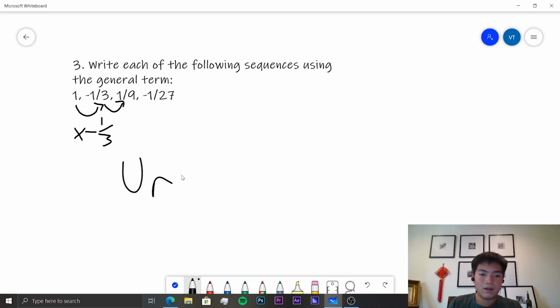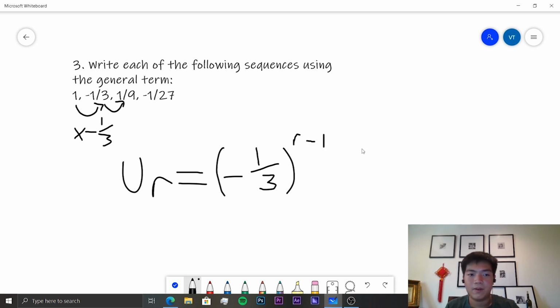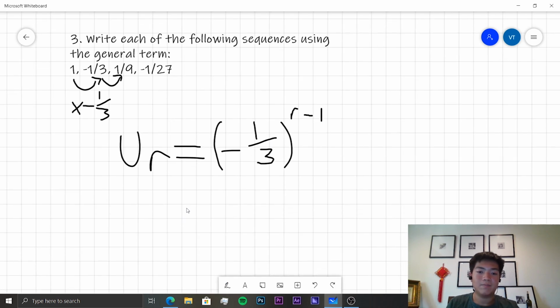So for our general term, this would be something like negative 1/3 to the power of r minus 1. And if you have done geometric series before, you might recognize this pattern, but if you haven't, let's see why.